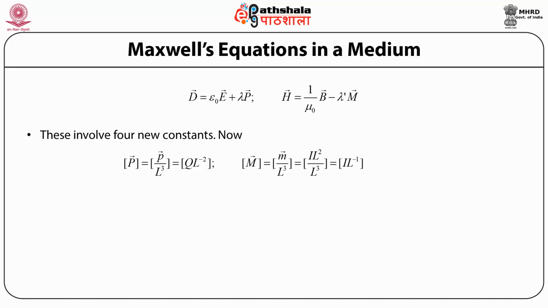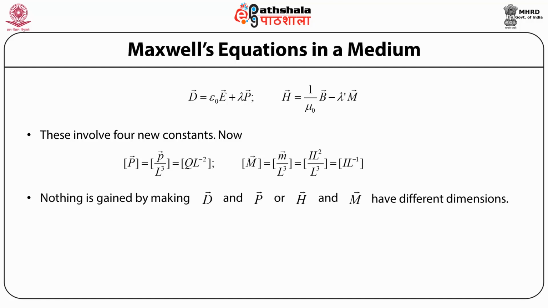That is, P vector is equals to small p vector divided by L cube is equals to q L raised to power minus 2. M vector is equals to small m divided by L cube equals to I L square by L cube equals to I L raised to power minus 1.